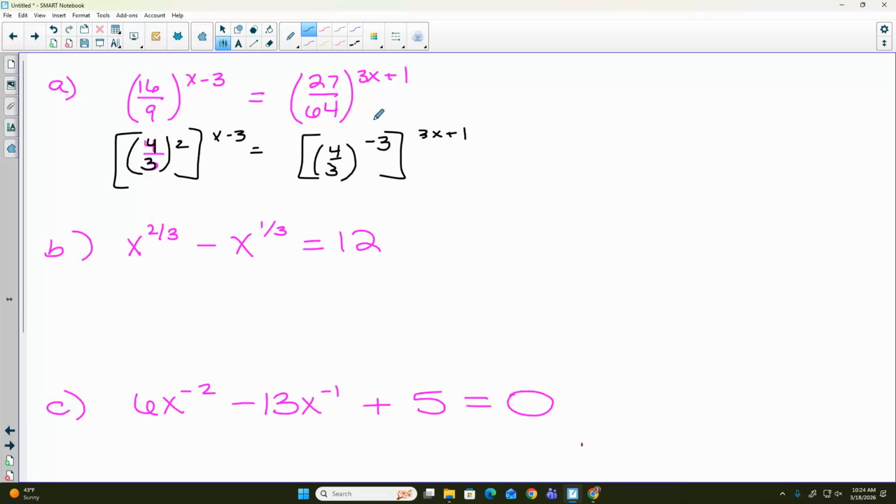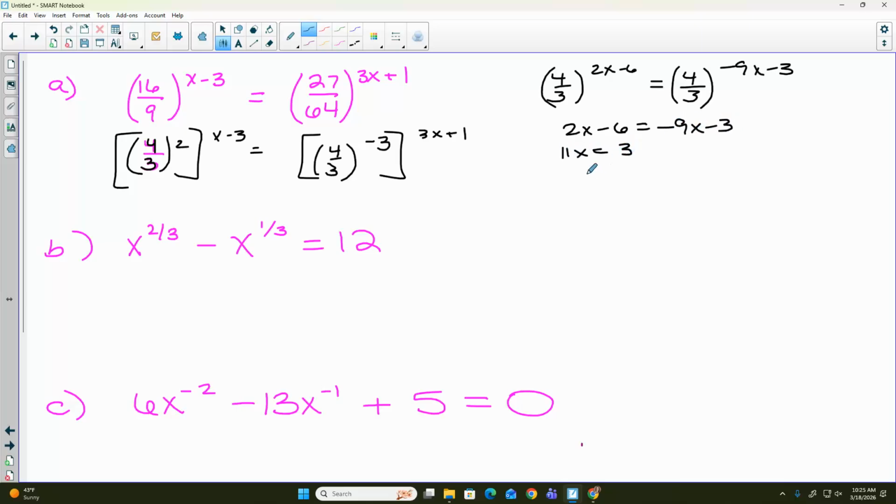It has to be a negative 3. 3 to the third is 27, 4 to the third is 64, but we need to flip it. So that means 4/3 to the 2x minus 6 equals 4/3 to the negative 9x minus 3. So if we set the exponents equal, we get 11x equals 3, so 3/11.